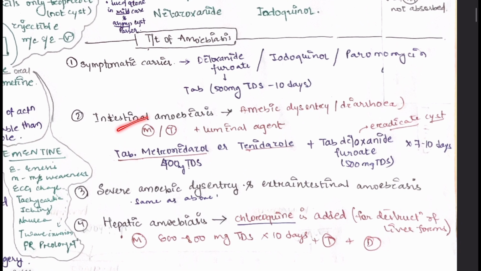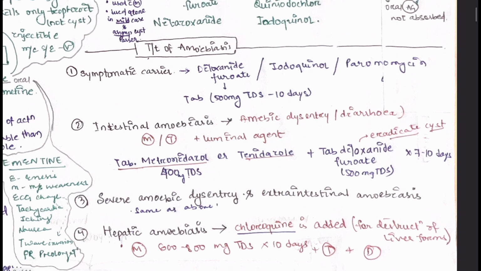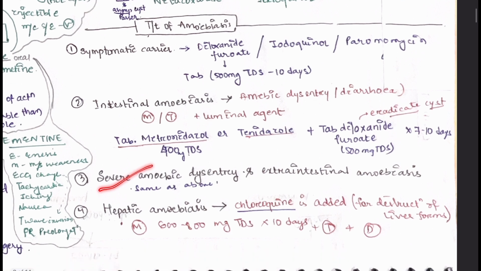In case of intestinal amoebiasis, like amoebic dysentery or diarrhea, we can use metronidazole or tinidazole plus one of the luminal agents, like diloxanide furoate, 500 mg TDS for 7 days. And this helps in eradicating the cyst. It kills the trophozoite directly, so there will be no cyst. In severe amoebic dysentery or extraintestinal amoebiasis, the same is used, like tablet metronidazole 400 mg TDS or tinidazole along with one of the luminal agents.